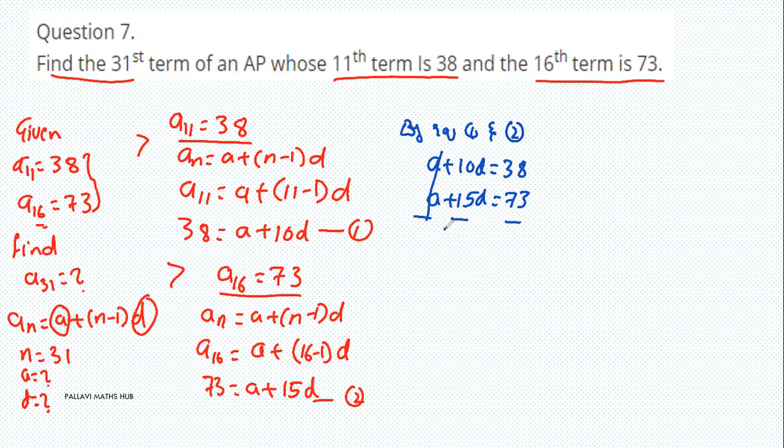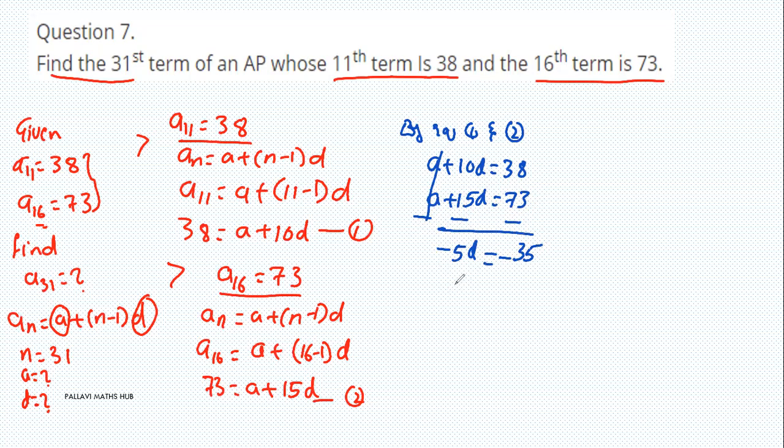So here, 10 minus 15 is minus 5D, which is equal to 38 minus 73, which is minus 35.